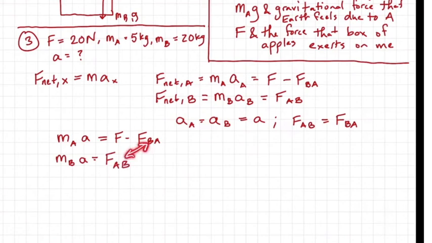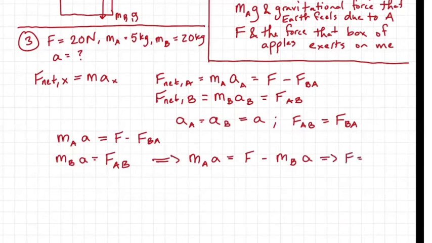So I can plug the second equation into the first equation. Taking the second equation and plugging it into the first, MA for block A is equal to F minus MB times A. And if I solve that, I can rearrange: F equals MA plus MB times the acceleration.